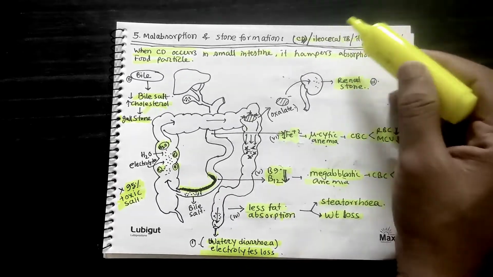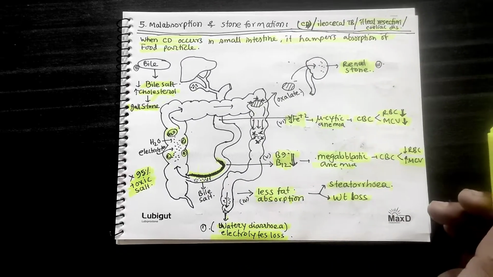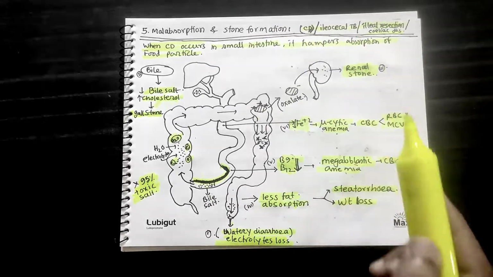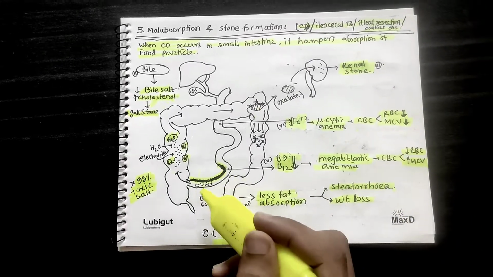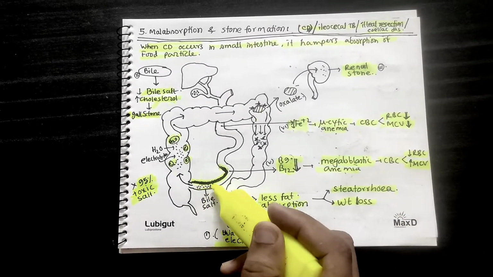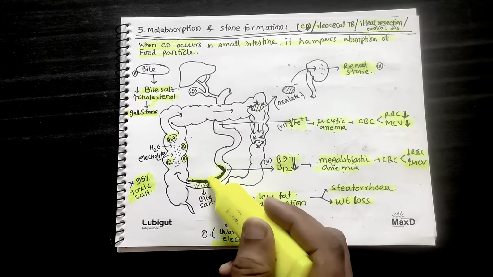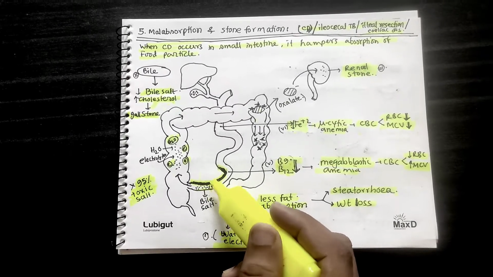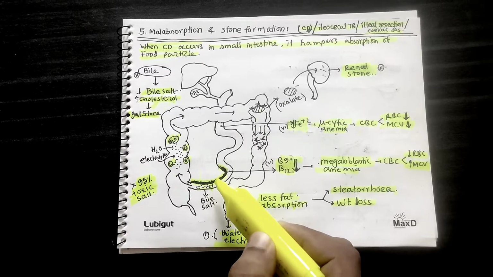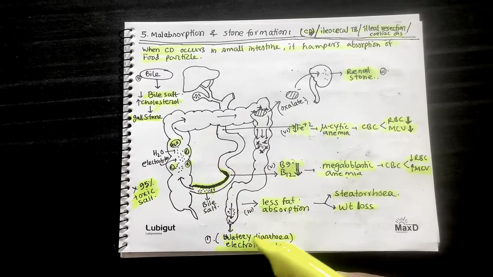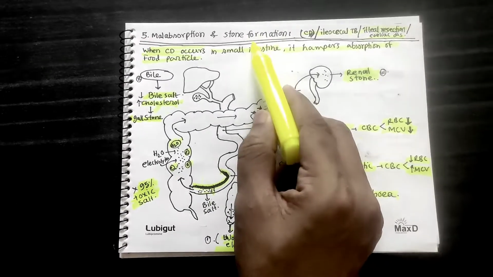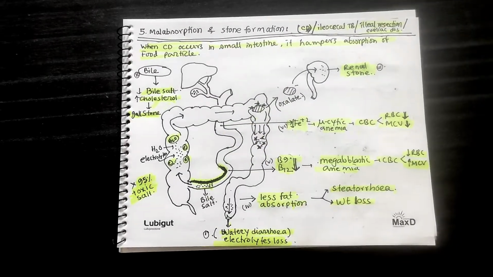In these cases, there are also some clinical features. And in Crohn's disease, there is another thing that occurs. When there is more inflammation, it causes stricture of the gut. And when there is a stricture, the features will be constipation, vomiting, abdominal pain, and abdominal distension.